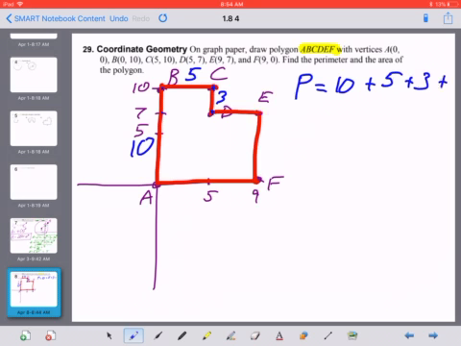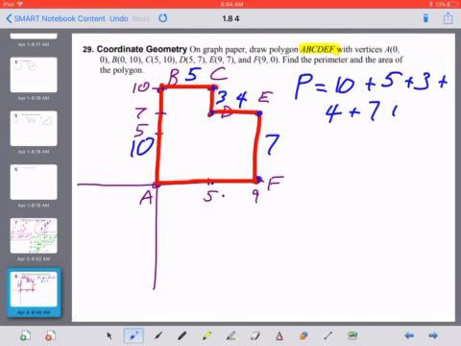And let's keep going now. From D to E, we're from the point 5, 7 to the point 9, 7. So from 5 to 9, that had a length of 4, so we'll add a 4. Keep going now. From E to F, we were at the point 9, 7 down to the point 9, 0. That's a drop of 7.